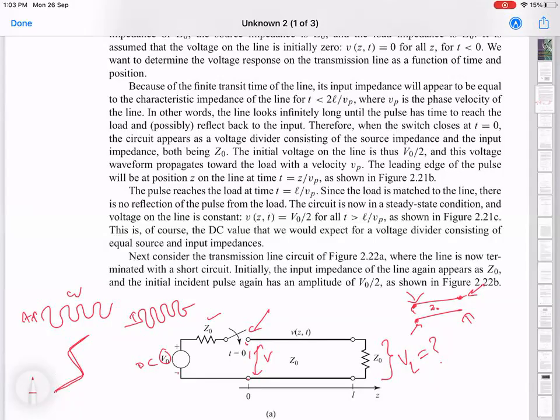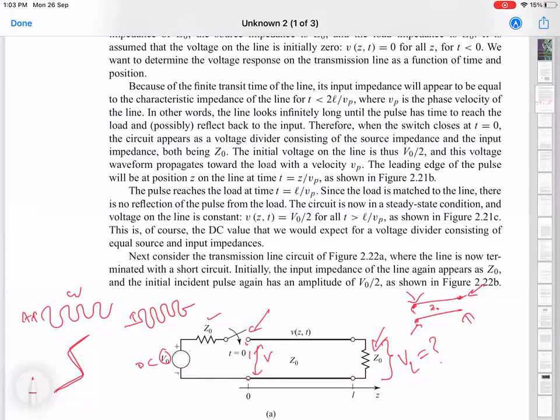Let me add a hint. It actually does not depend on the value of this. I'm just asking what is the voltage at this point.